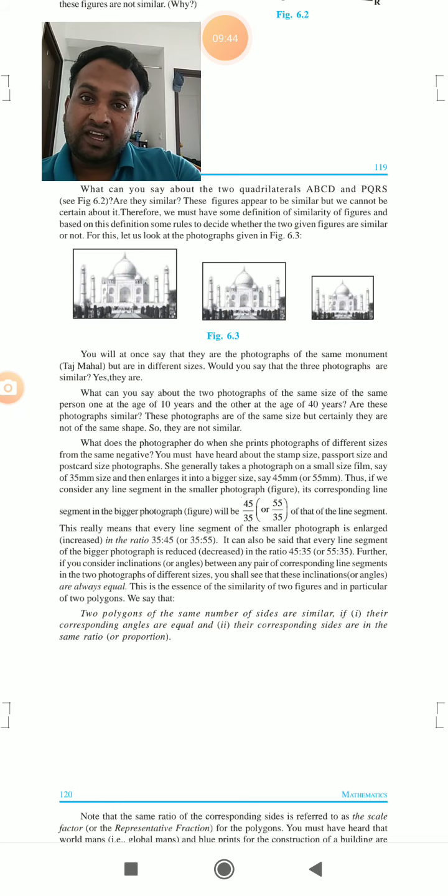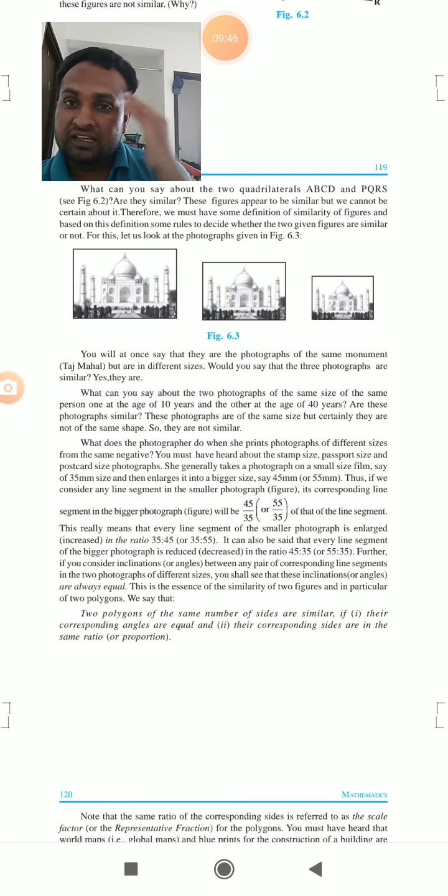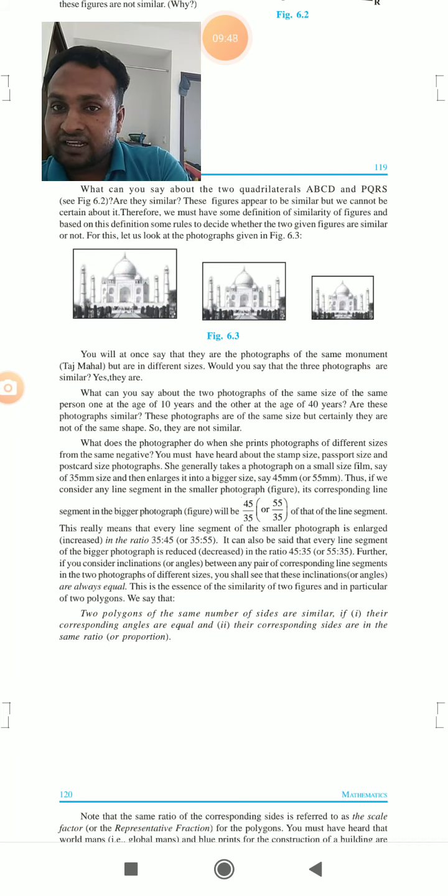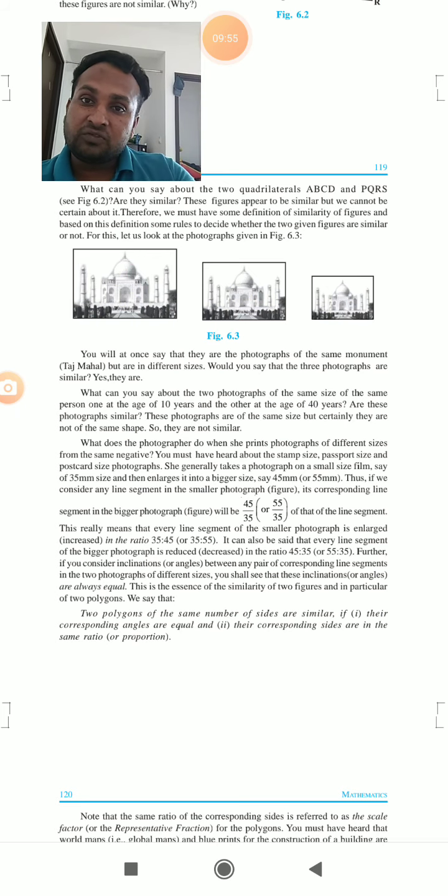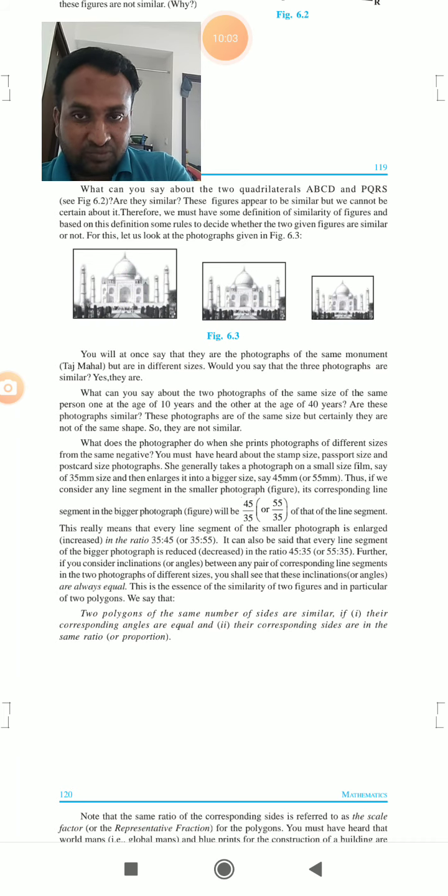Now 3 by 9 is how much? 1 by 3. Here it is 4 centimeters and there it is 12. What is 4 by 12? 4 ones are 4, 4 threes are 12, so there also it is 1 by 3. These are the corresponding sides. Corresponding sides are in the same ratio.